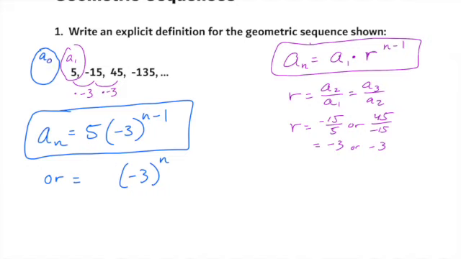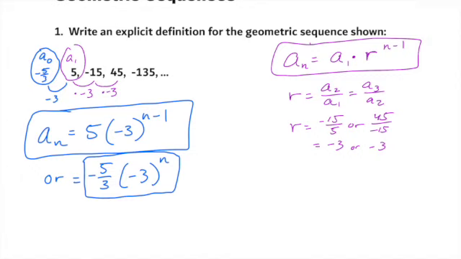What term would have to come before here? If you divide by that r value of negative 3 to go backwards 1 and find the preceding term, that would be negative 5/3. So some people would write this, and not that it's better or worse, but they are equivalent.